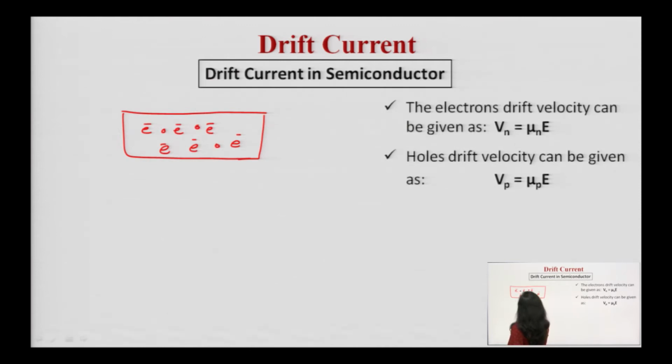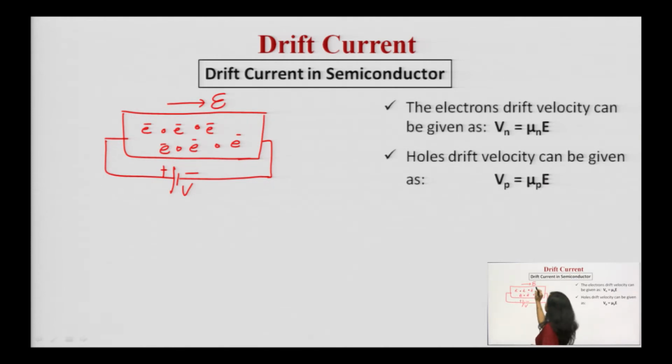Let us say these are the holes. If a battery V is applied in this manner, this is the positive terminal of the battery and this is the negative terminal. If the applied electric field is in this direction, the x direction, what will happen because of the influence of this applied electric field and this applied voltage?